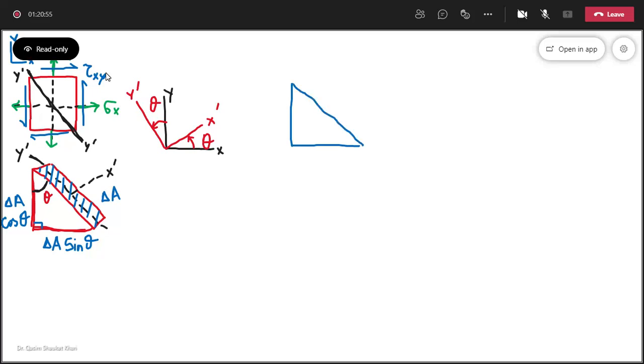Now the normal stresses which are acting: this one is sigma x, this one is sigma y.